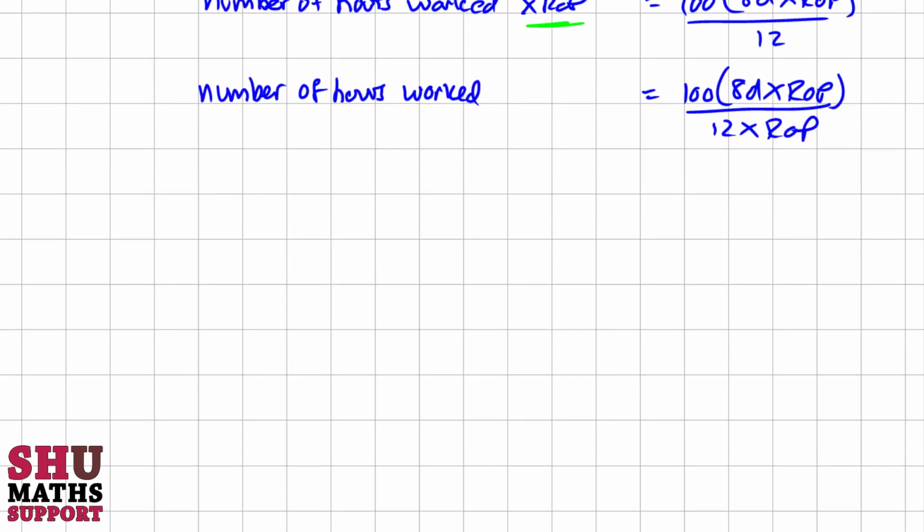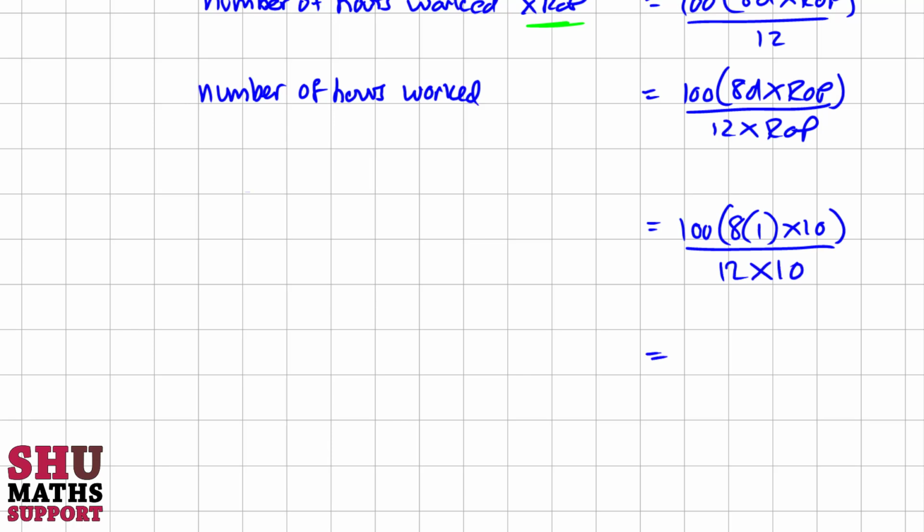So now let's say somebody wanted to know how many hours they needed to work in order to get one holiday day, and let's say their rate of pay is £10 an hour, then I can substitute D as 1. So we have 100 times 8 times 1 times by their rate of pay, which is £10 an hour, so times by 10, and then that's divided by 12 times by 10.